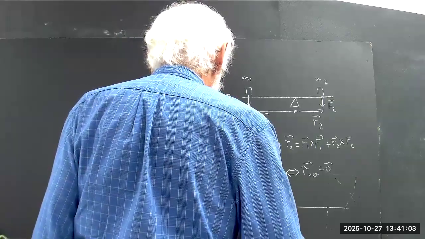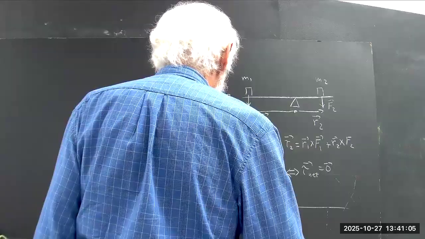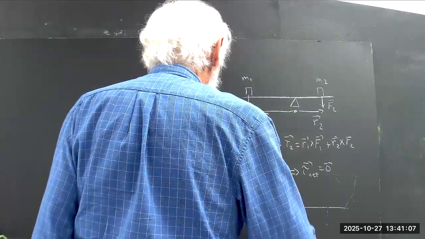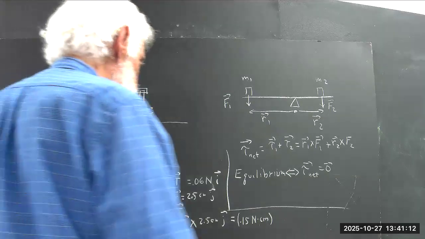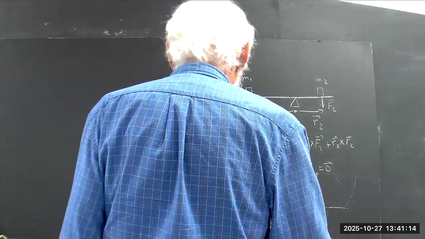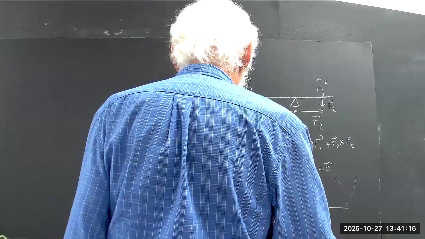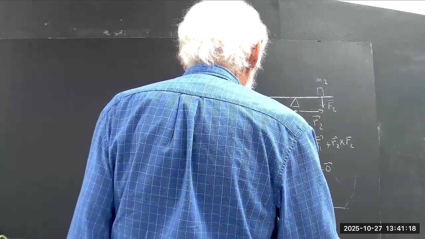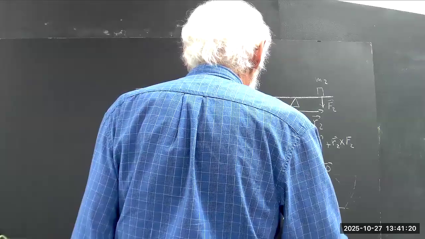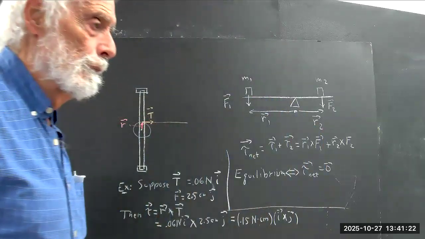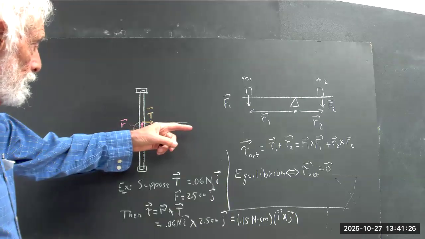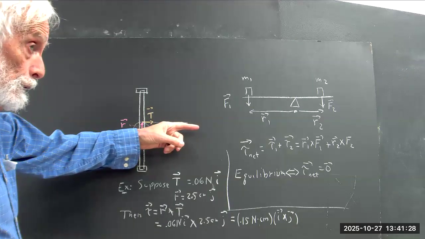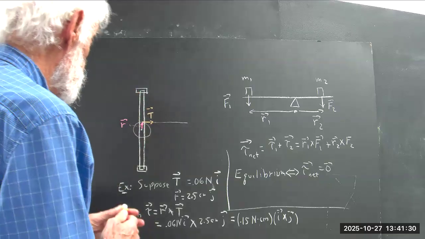0.15 newton centimeters times the I vector crossed with the J vector. Now, if the x-axis is here, so the I vector is in this direction, the J vector is in this direction.